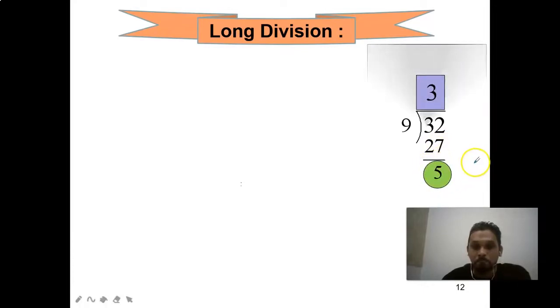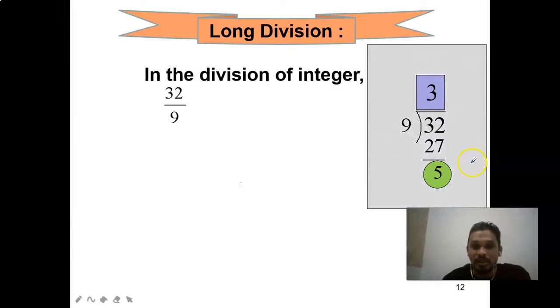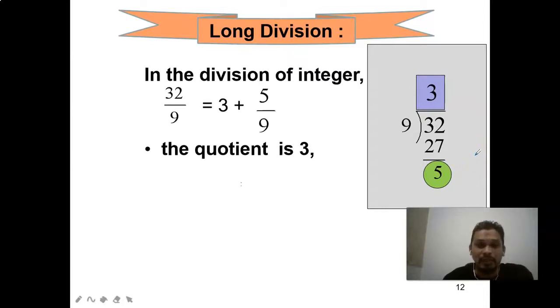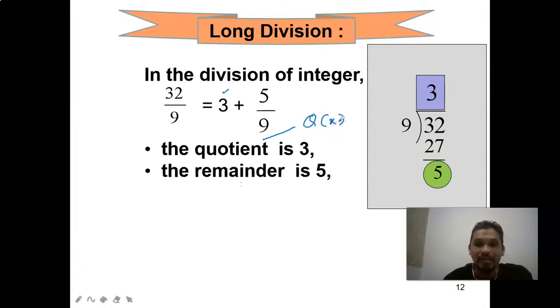We write in the conclusion that 32 divided by 9 equal to 3 plus 5 over 9. So the quotient is 3, which we note as q(x), and the remainder is 5.